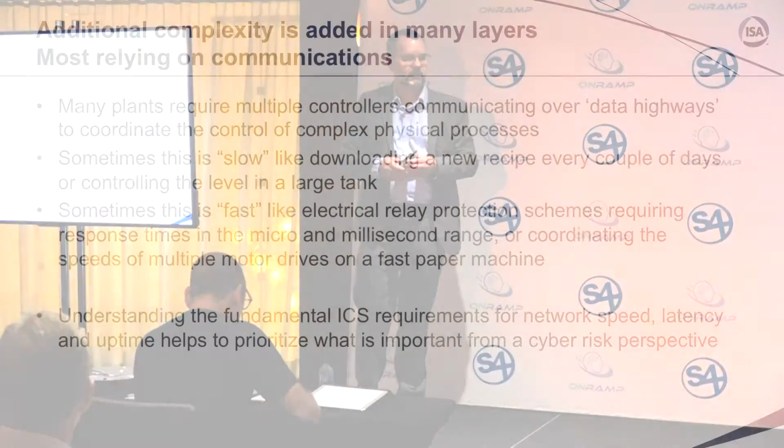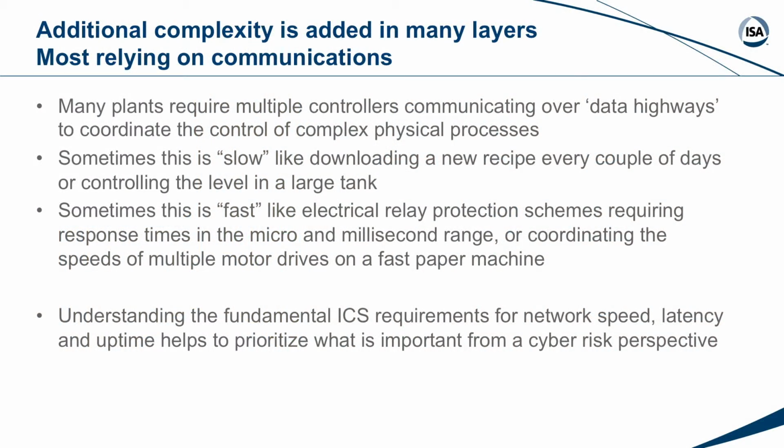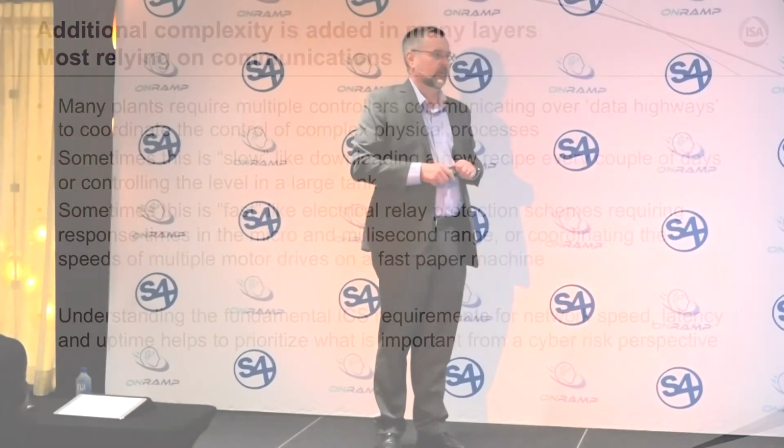I mentioned before that one of the first jobs that Mr. Byers sent me out on was troubleshooting this big data highway kind of implementation. Often these communications links go between different pieces in the control system, right? So you've got a programmable logic controller on one end of the paper machine and another one on the other end, and they're talking to each other over serial communication, over Ethernet, over some communications medium.